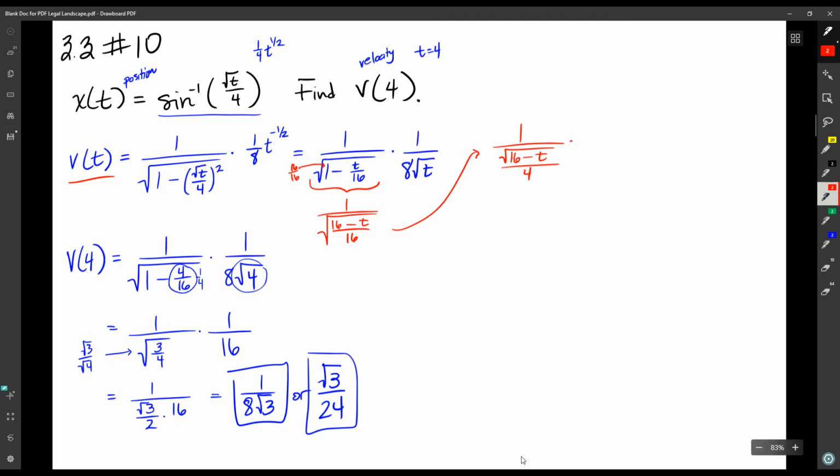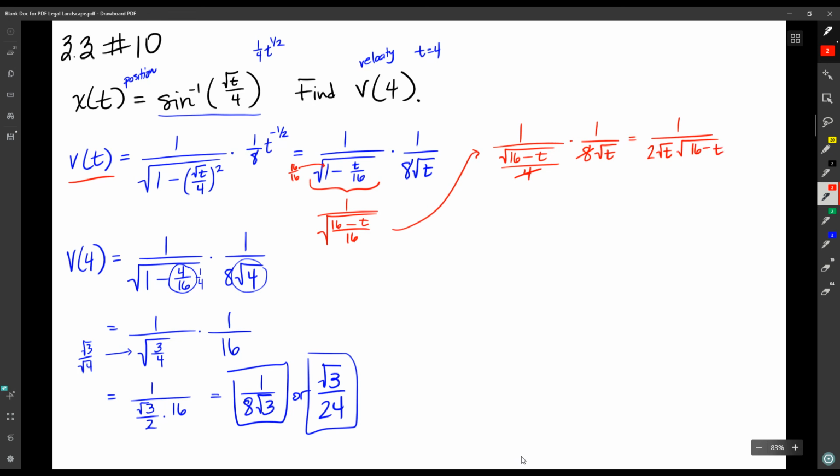And then multiply this by that 1 over 8 root t. Well, the 4 and the 8 make a 2, and now we're looking at a simplified derivative, something like this, a 2 root t, and then times a root 16 minus t.